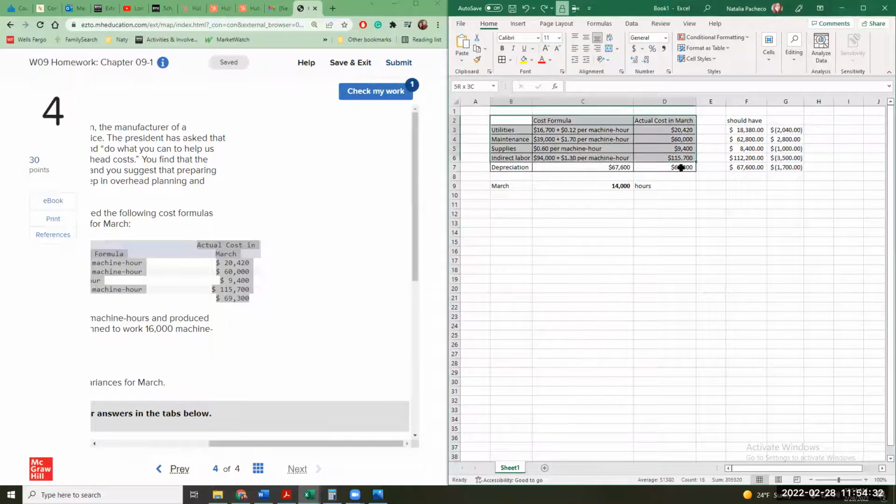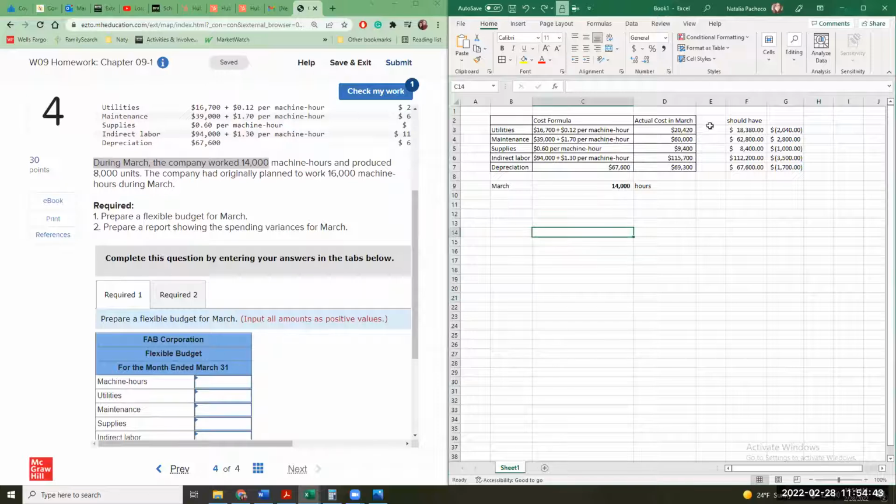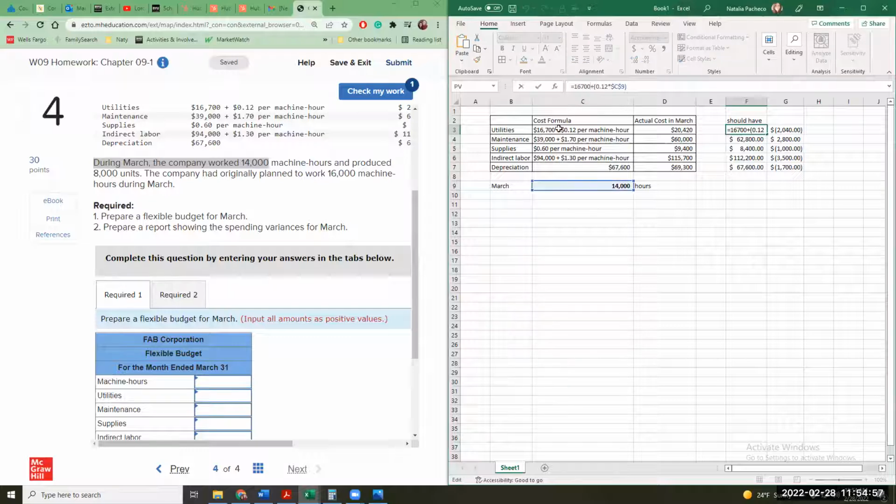So I did it right here, and I wrote the 14,000 machine hours that they worked during March. And then for the variable cost, I just multiplied the variable cost and the 14,000 hours to know what they should have spent during the month. So utilities, I did the 16,700 of fixed cost plus the 12 cents times 14,000 hours.